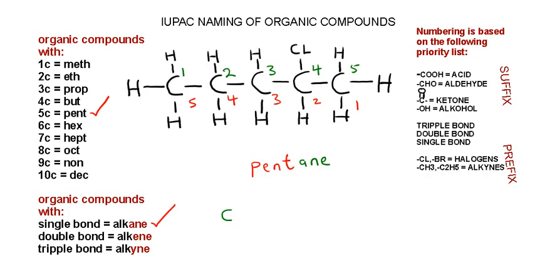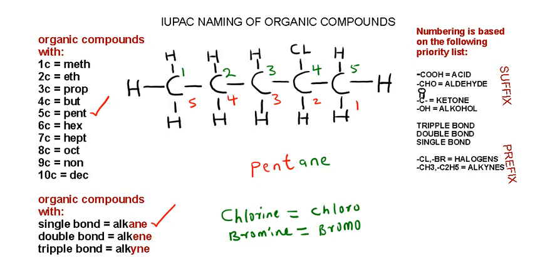But just like I told you in the last class, chlorine, which is a halogen, is called chloro when you are trying to name an organic compound. We also have bromine, which is called bromo, and fluorine, called fluoro.